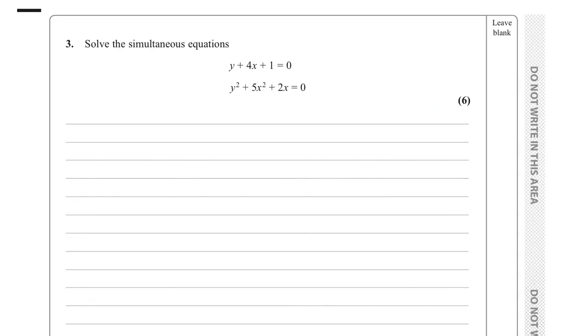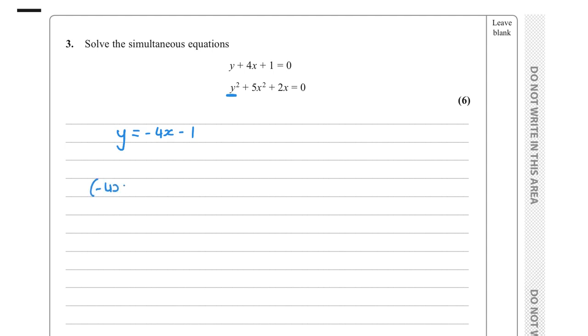So, simultaneous equations. It's better to put one into a y equals or an x equals. We can see it's easier to rearrange the first equation. So y equals negative 4x minus 1, and I'm going to substitute that into the second equation. So everywhere there's a y, I'm going to substitute in negative 4x minus 1.